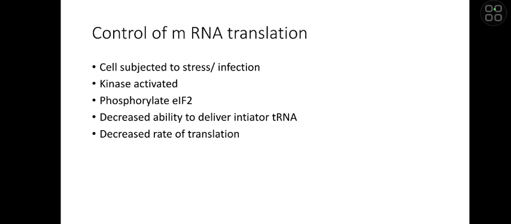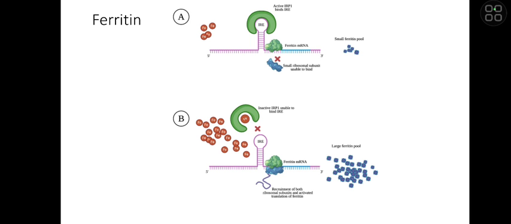The phosphorylation of EIF2 results in a decreased ability to bring that tRNA to the venue of translation, so that it results in decreased translation. So this is how translation gets controlled by these translation factors.